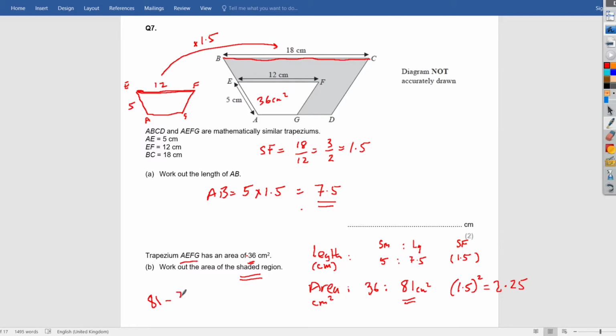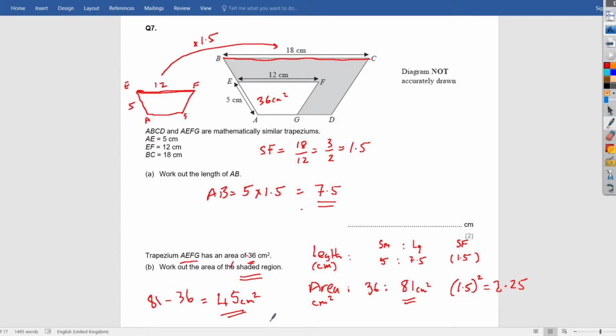So we need to take 36 from the 81, and we're going to be left with the area for the shaded region, which equals 45 centimeters squared. This is the area of the shaded region, 45 centimeters squared.